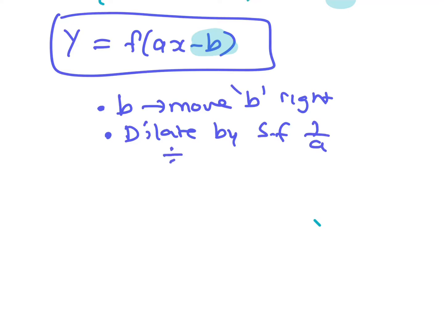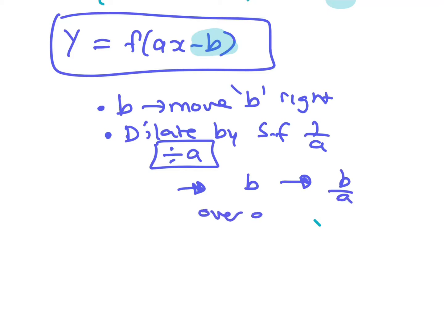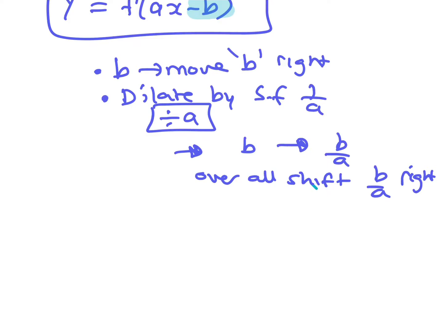Okay, so you actually divide by the a. And the overall shift on this, like if you moved it by b and then you went b over a, the overall shift would be b on a to the right. So it's not just the shift of b, you've also got to dilate it by the a.